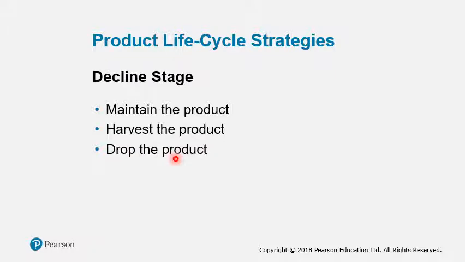And dropping the product means you completely stop producing, and you might not want to make use of the raw materials to produce another thing. You just shut the production for everything for that particular product. That is when you drop that product.